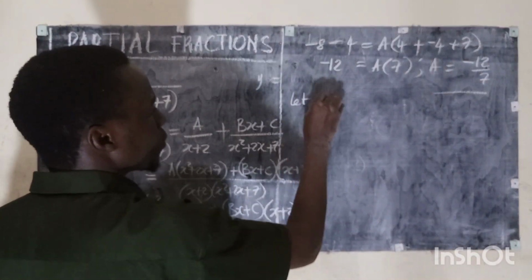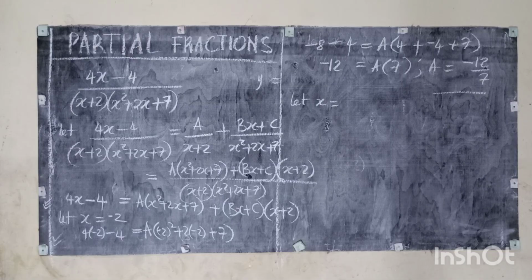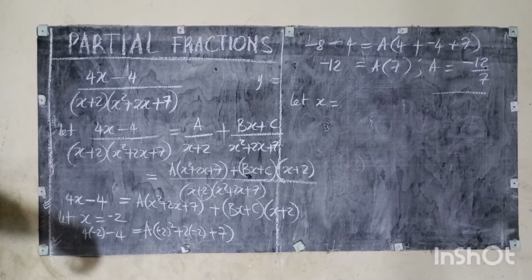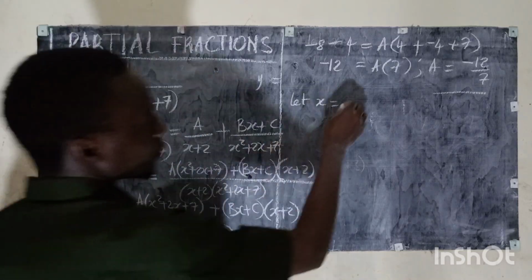So you continue, you let another x value. Let us just see one more hint on this. It is from here where we are letting from. So we can let x to be a 0.